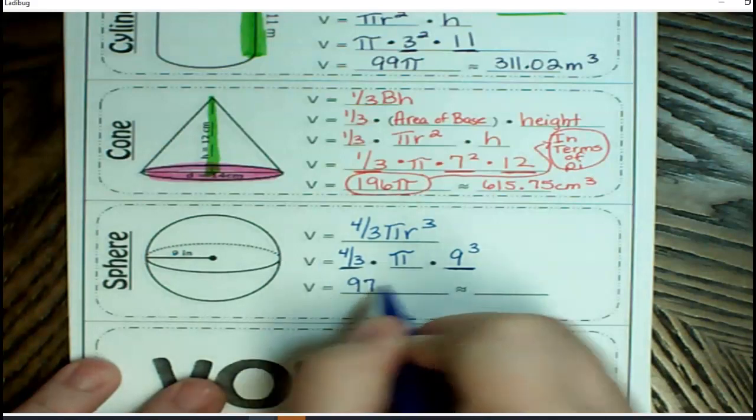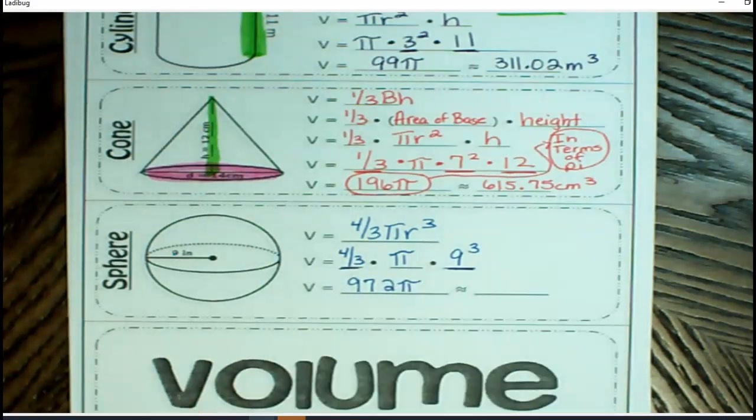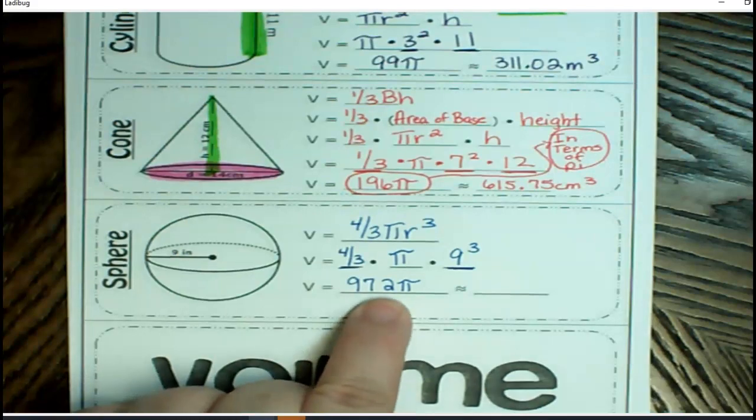When you get your answer, look up here and see if you are correct. How did we do? 972 pi, is that what you got? All right, so there's our answer in terms of pi.